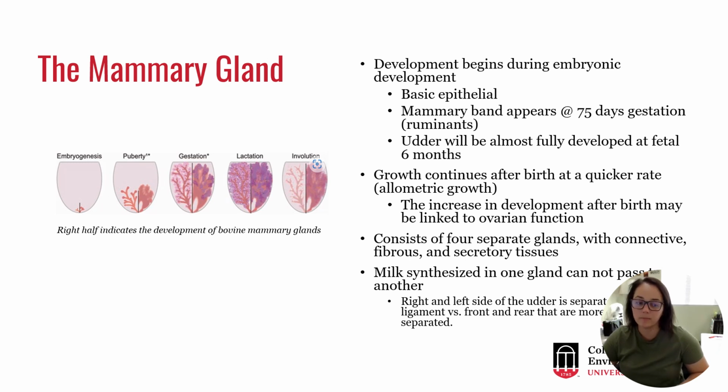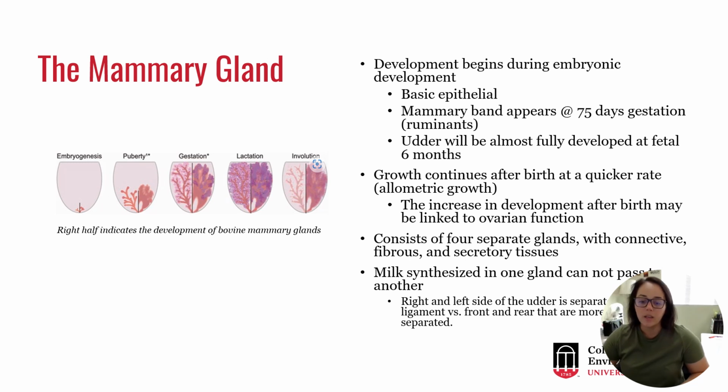It's going to be a very basic developed udder, but nonetheless it should be pretty developed at 6 months of age. And after birth, those mammary glands will begin to grow at a much quicker rate, which is what they typically call allometric growth.